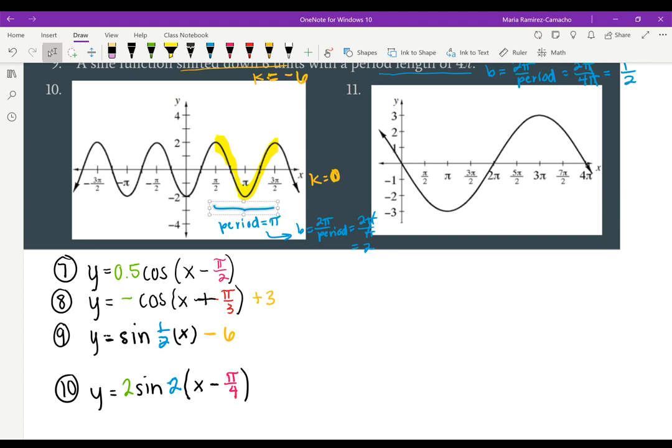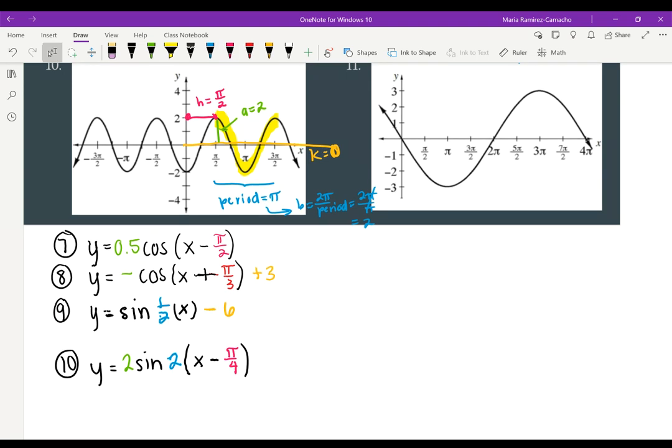My midline is still at 0. My amplitude is still 2. But now my horizontal shift is pi over 2, because that cosine cycle should be starting on the y-axis.